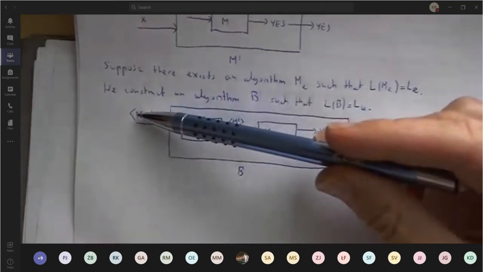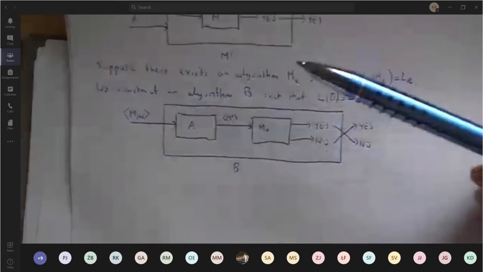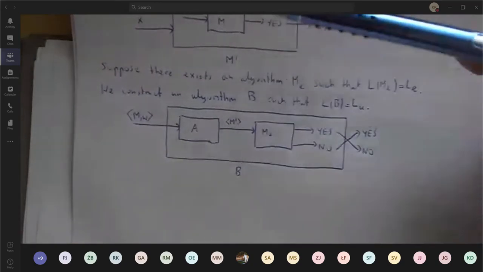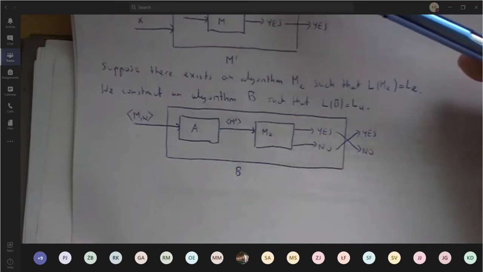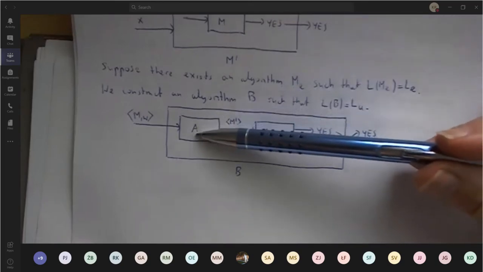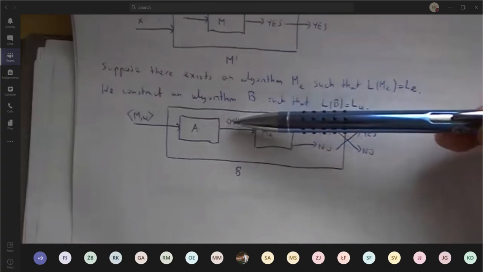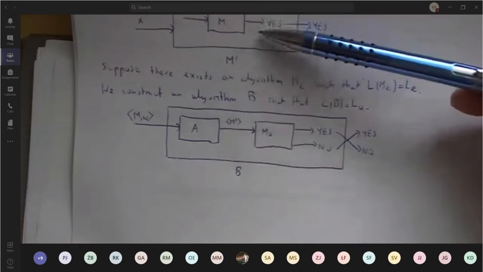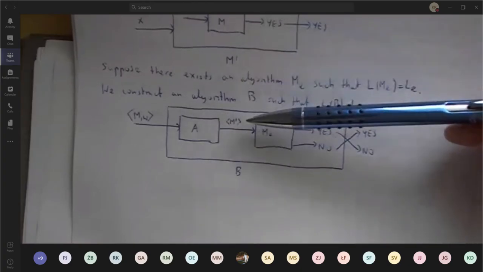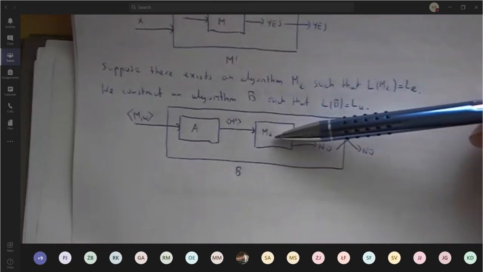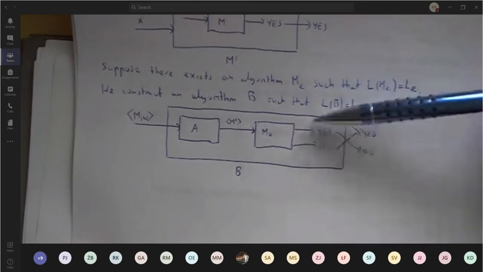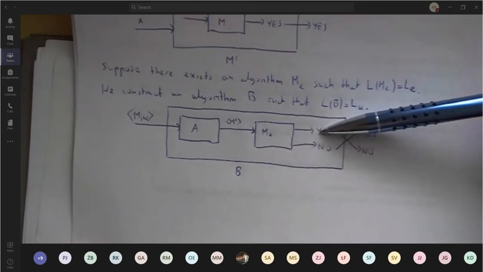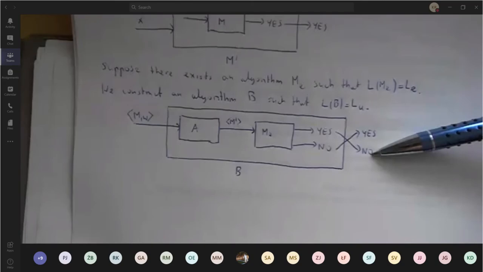So on the input, MW, it runs the algorithm A described above. So the algorithm A returns the code of Turing machine M prime here. And now B runs ME on this M prime. And if ME accepts, then B rejects.